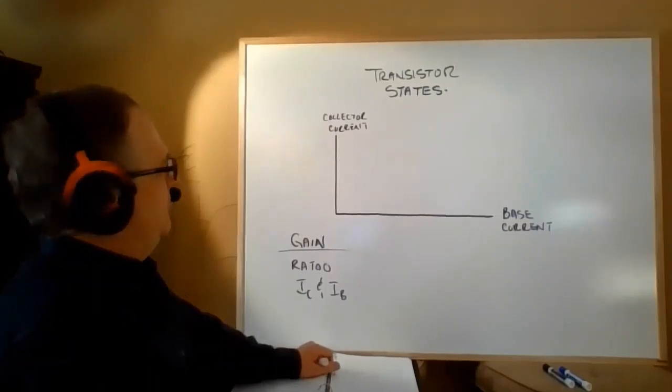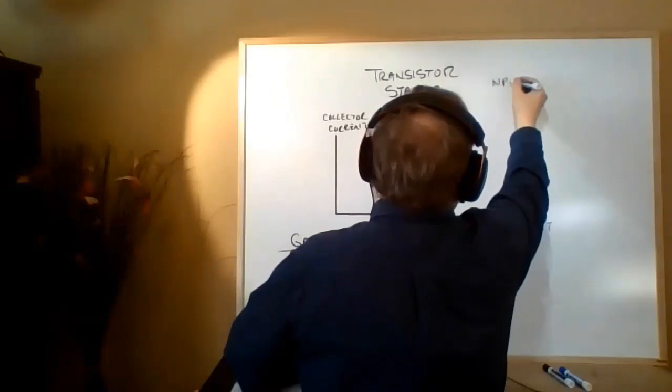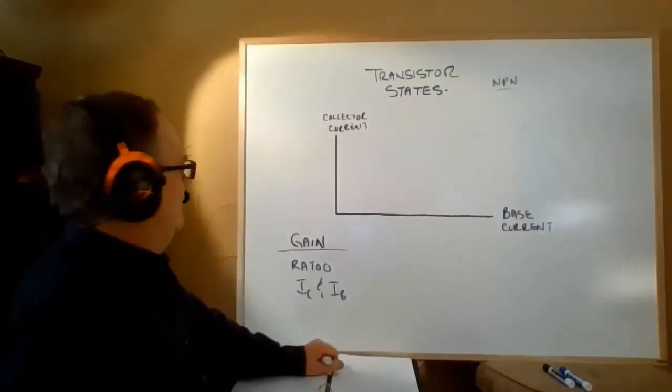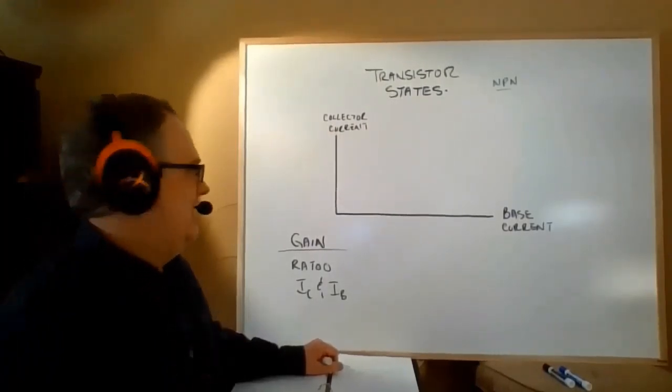So I'm going to talk about an NPN in this example, but you could very easily apply this to a PNP. The line would just go in a little bit of a different direction. But I'm going to show you an NPN, and here's what it looks like.